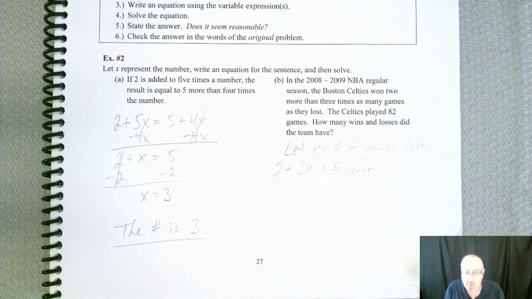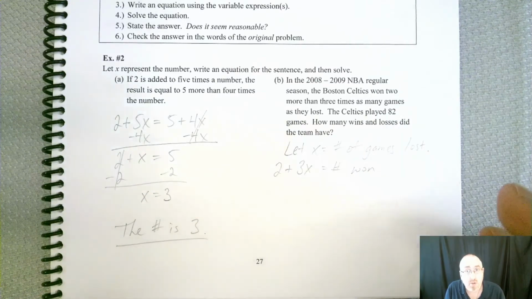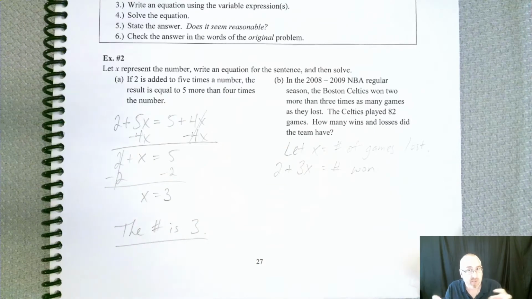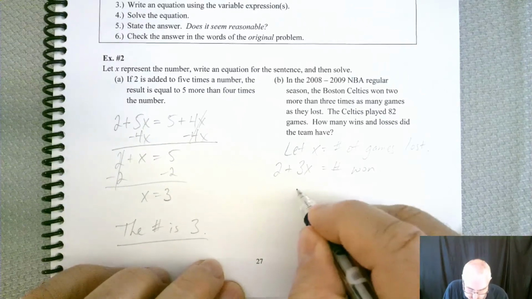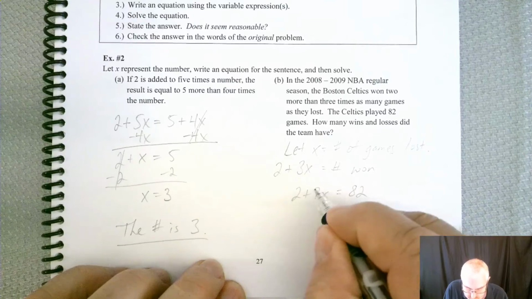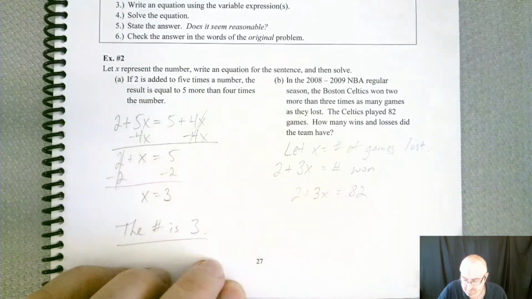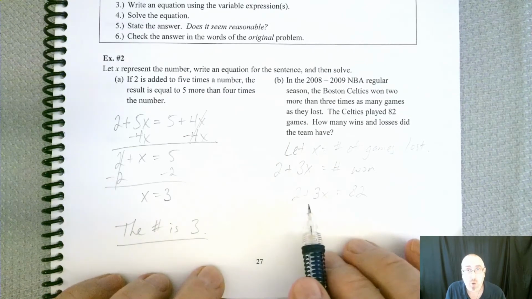So now we got to use this next bit of information. The Celtics played 82 games. So now we got to kind of tie all these pieces together into an equation. Now, a common answer would be to say, well, so 2 plus 3x equals 82, right? Well, no, it's not right, because that is just the games won.